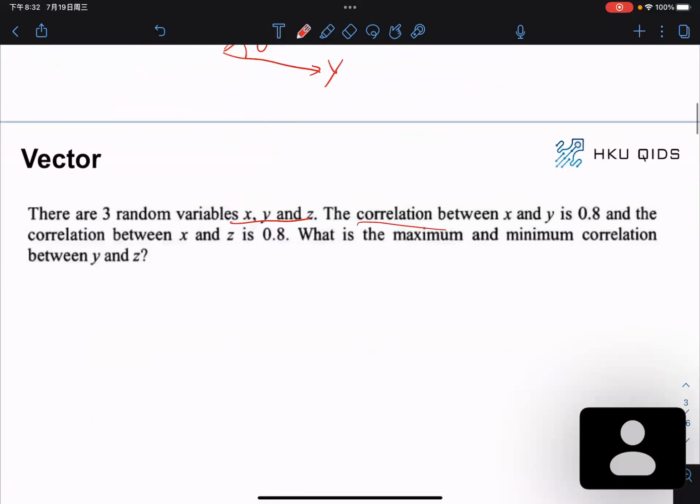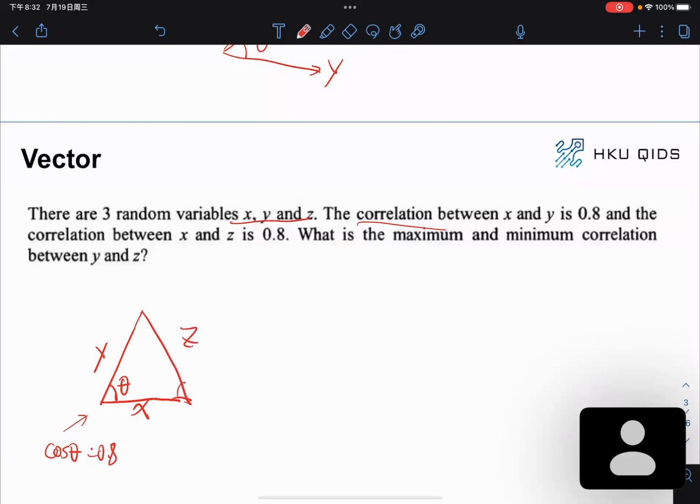Let me first draw a picture. We already know that the angle between x and y, let's call it theta, has cosine theta equal to 0.8. And between x and z, it's also 0.8, which means this is also theta, so these 2 lines are equal.